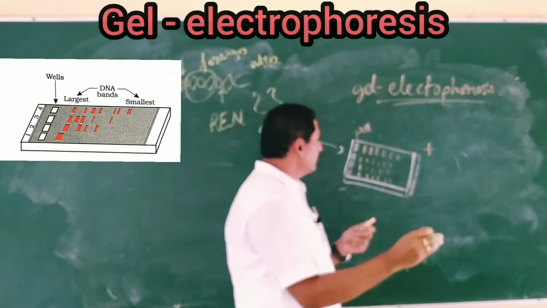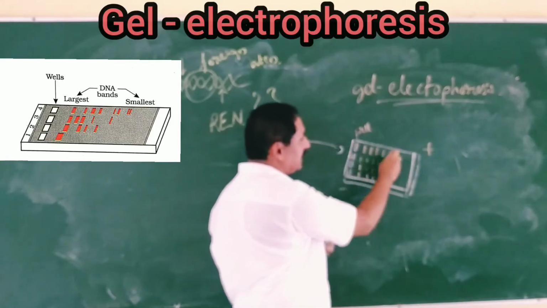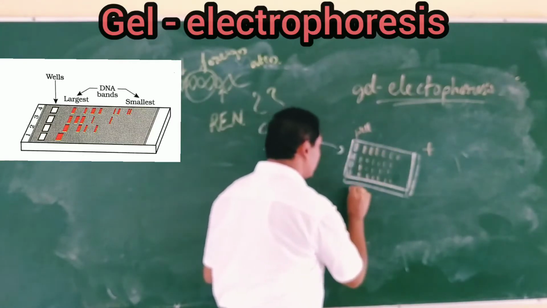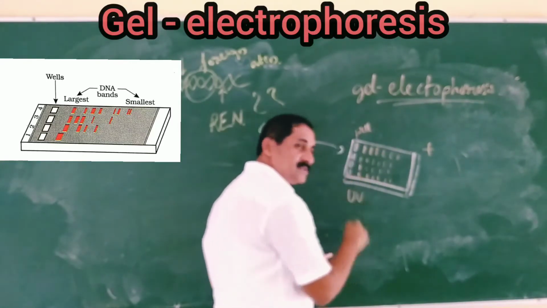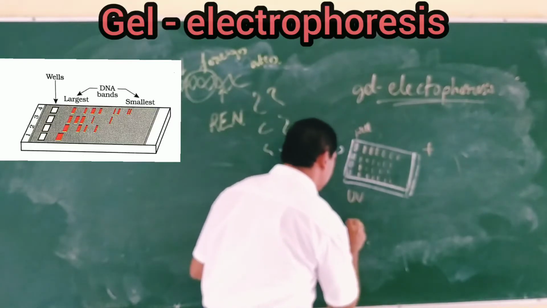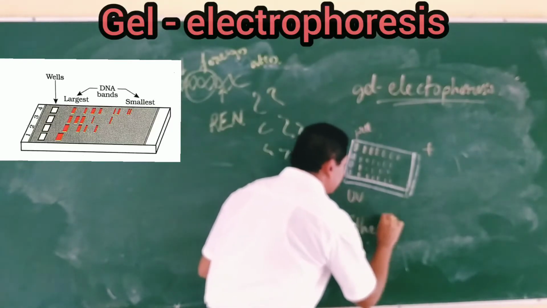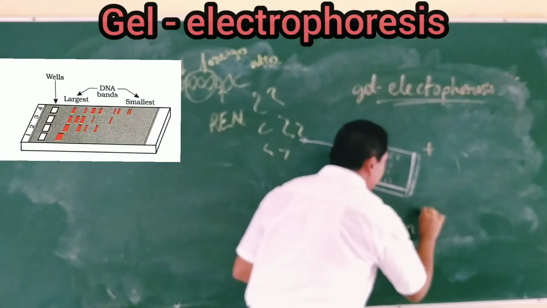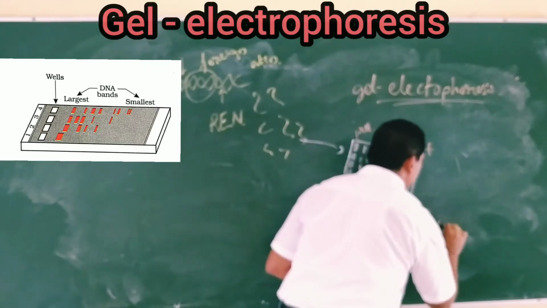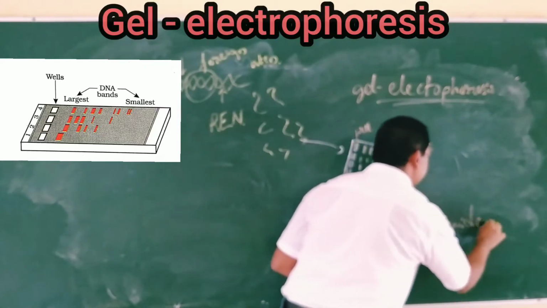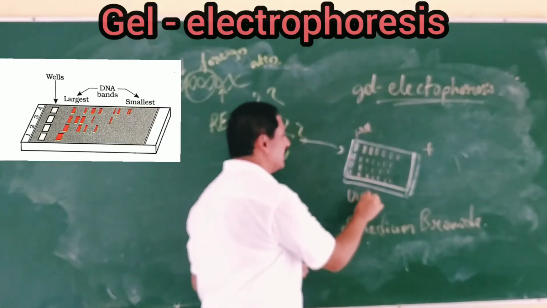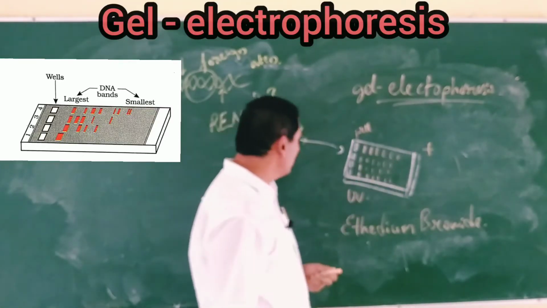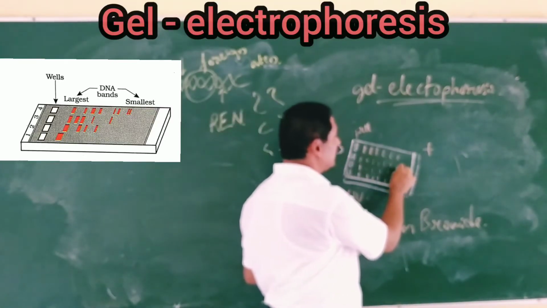We can visualize this DNA band under UV radiation by using a chemical called ethidium bromide. Ethidium bromide is the chemical used to visualize the DNA fragment under UV radiation in the gel sheet.